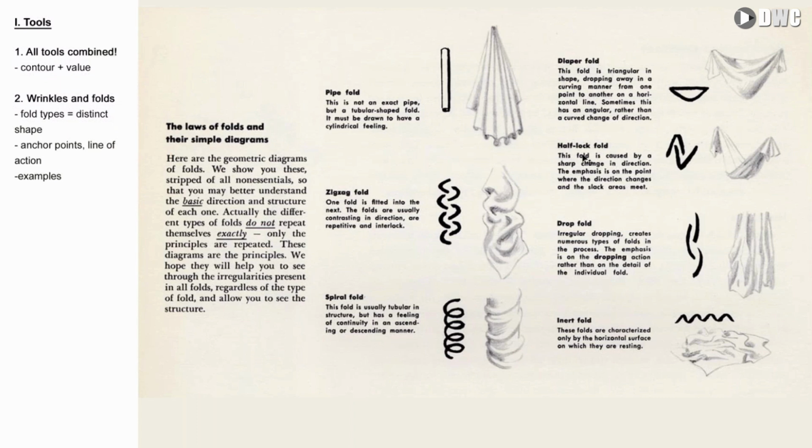The ones that you'll see a lot, well, you'll see all of these actually on models, but specifically clothed figures, especially casual clothes, ones that we'll be drawing quite a bit, are things like zigzags, half locks, these pipe folds. They look like pipes.